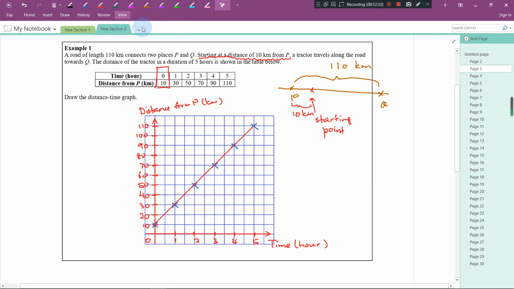If, let's say, you have a graph, this is distance in meters, this is time, let's say seconds. The distance-time graph looks like this.